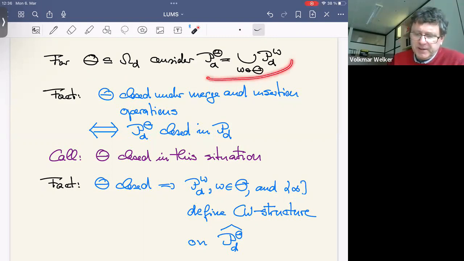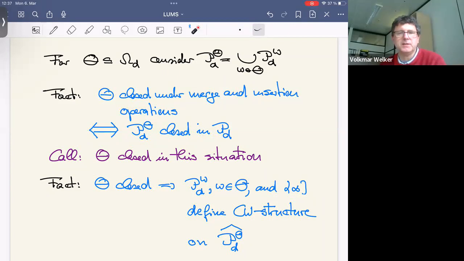Now, in general, this will be an odd space, with a complicated, weird structure. It will be nice if it's closed, if you have a closed subset in the space of polynomials. And being closed as a subspace of the space of monic polynomials of degree D is equivalent to the set of root multiplicities I have chosen being closed under merge and insertion operations.